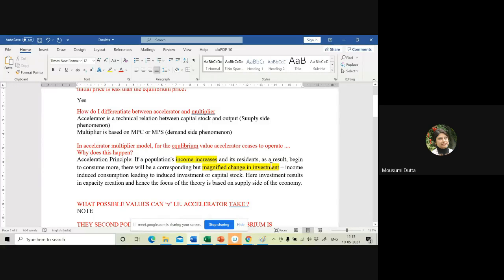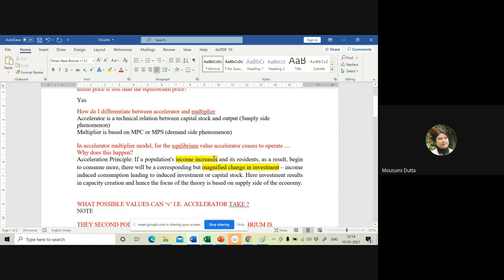First, you can change the effective demand, which may push the economy towards more investment, or you are not taking care of the consumption part and directly you are investing more. So it may be induced, it may not be induced. However, the core part of the acceleration principle is related to income and investment.